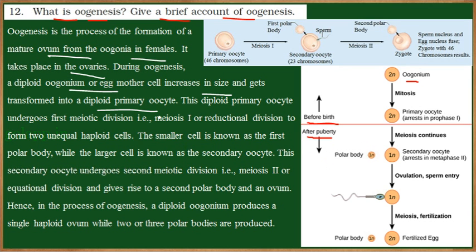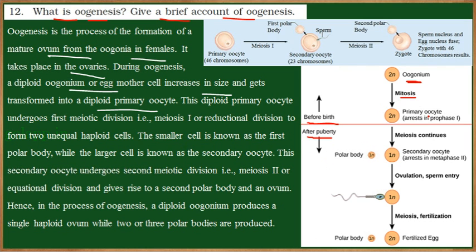In the multiplication phase, the oogonium, which is diploid in nature, will undergo many mitotic divisions, giving rise to a larger number of oogonium cells, and then they enter into a growth phase where the cell increases in its size. That stage is called the primary oocyte.